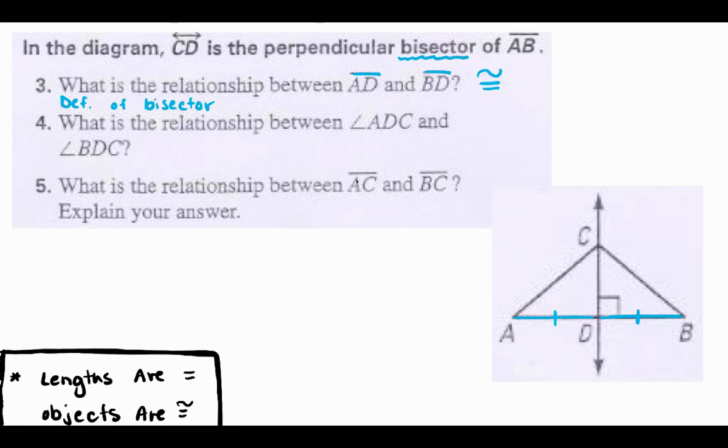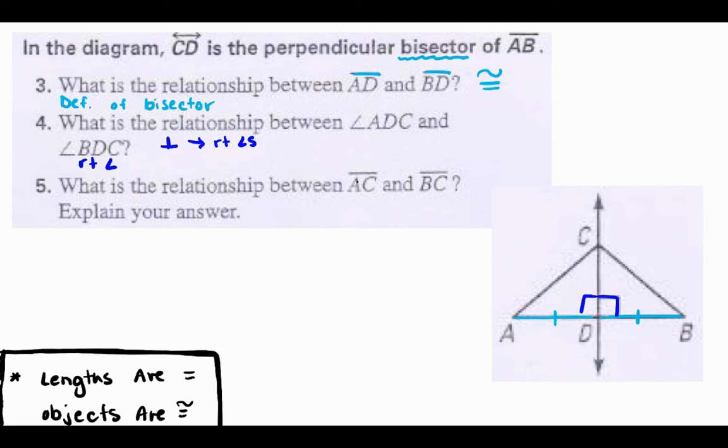In the next one, we're looking for the relationship of angle ADC and angle BDC. Now, one of those has an indicator. The angle BDC is indicated as being a right angle. That tells us that we have perpendicular. Perpendicular gives us more than one right angle.